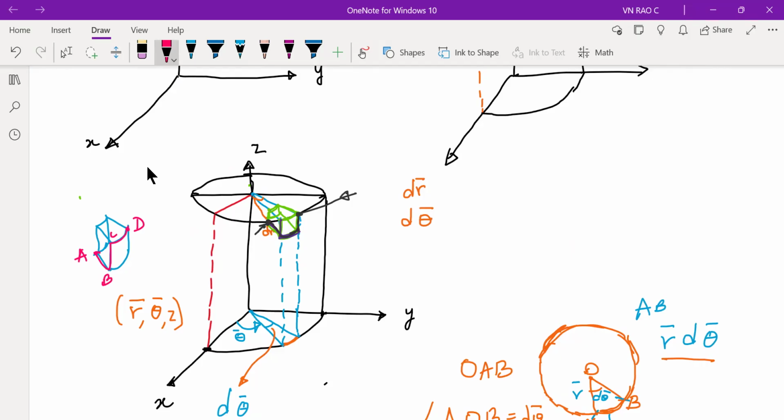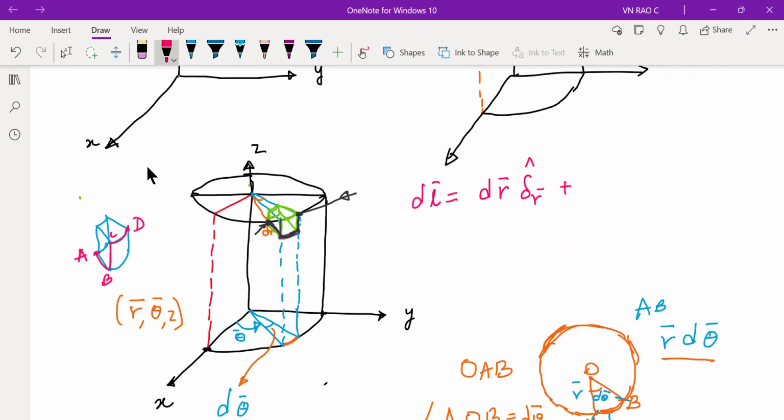So the differential length in cylindrical coordinates should be dr plus BC. Dr, and I simply cannot write dr. Dr in delta r bar vector, plus, next one comes what?